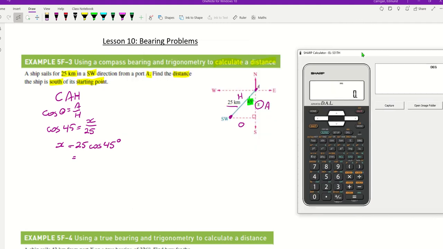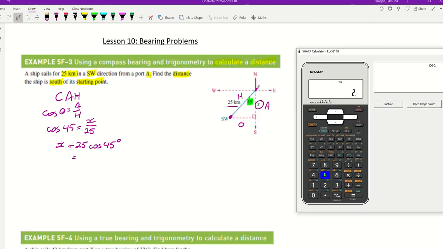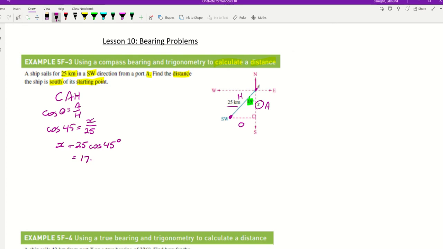Okay, so let's put that into our calculator, which we'll pull up. If we do that, 25 times cos 45 equals 17.67. As the question told me, find the distance the ship is south of its starting point.